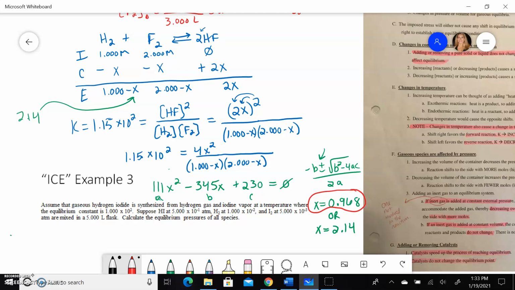So now we know what x is, and so finally we can plug everything back into the equilibrium amounts. So we can go back up here and say that at equilibrium, the concentration of H2 is equal to 1 minus 0.968.